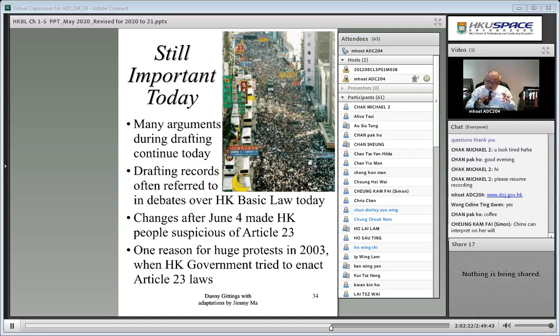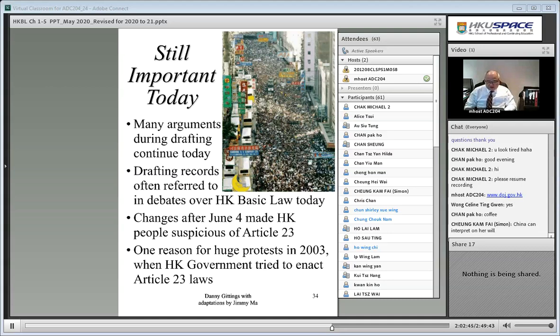When you see the words or expression, you will know what it means. But sometimes if it isn't that obvious, then for a law such as the Basic Law, the drafting record will be important for ascertaining the original intention.